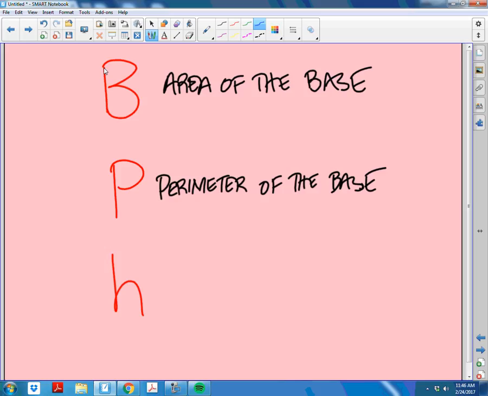Gavin, come here. If I were to measure Gavin's height, I would literally measure from his feet to the top of his head, right?